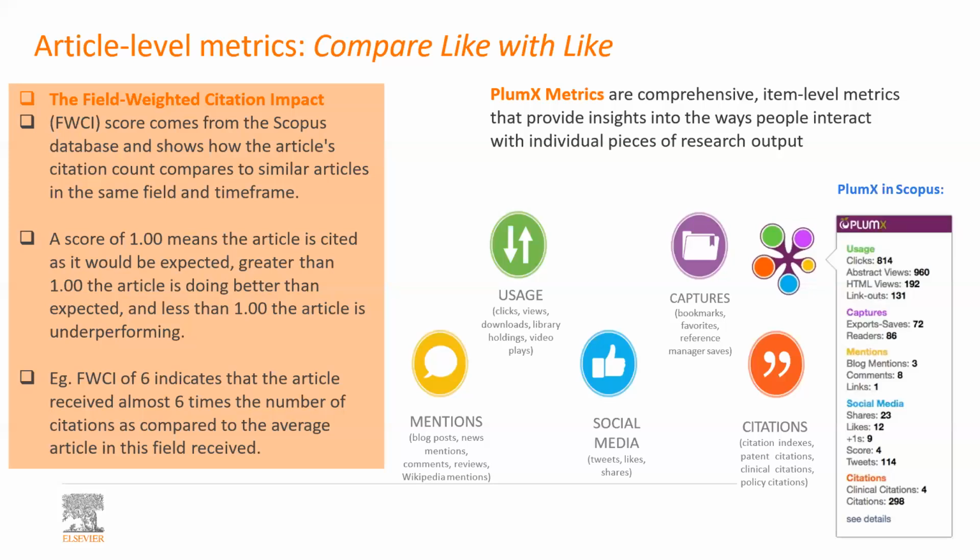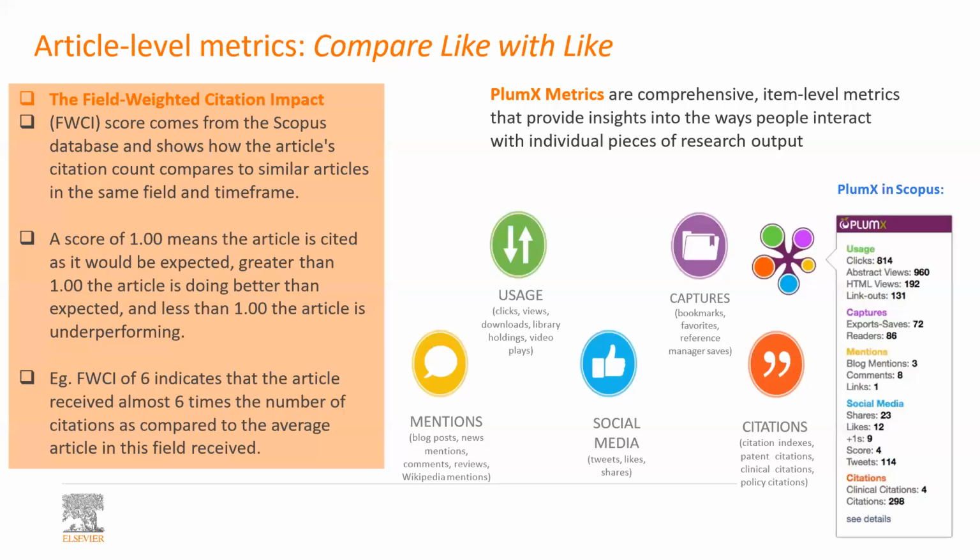The third level metric that you should consider is the article level metric, that comes with FWCI, that is Field Weighted Citation Impact. This basically tells you how that particular paper is performing within that subject area. The world average is 1. So anything above 1 is above world average, and anything below 1 is below world average.